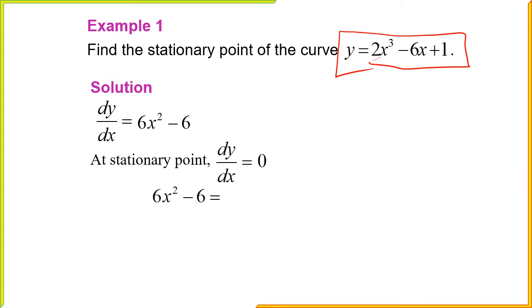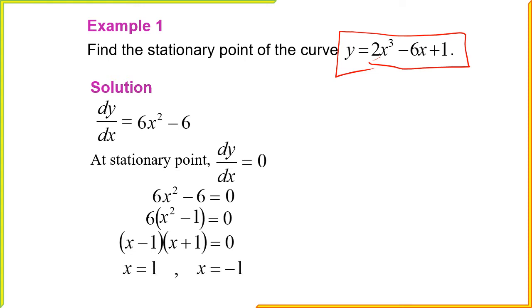So 6x squared minus 6 equal to 0, we will have 6 times (x squared minus 1) equal to 0. This x squared minus 1 can be factorized into (x minus 1)(x plus 1). So the x coordinates we get are x equal to 1 and x equal to negative 1.